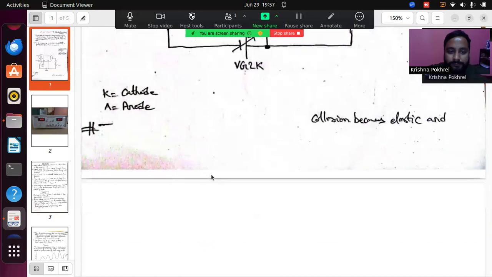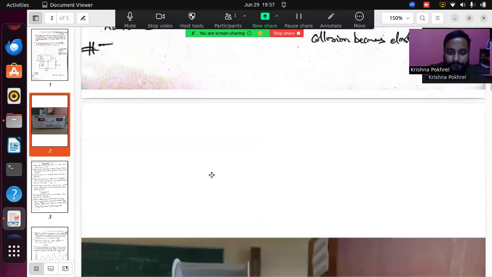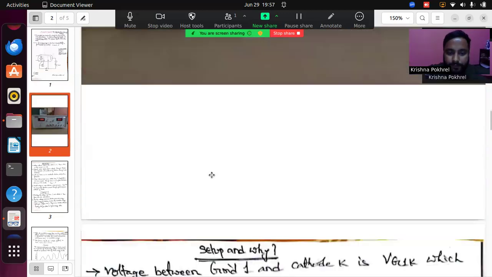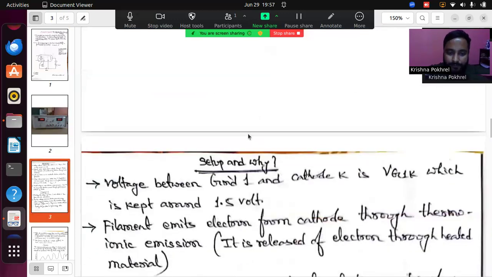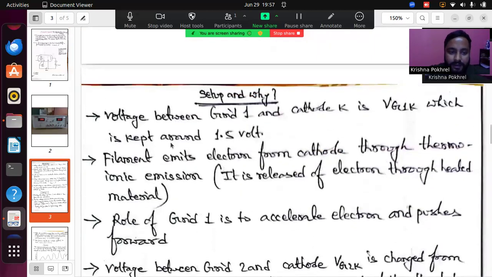Now we will see about the setup and why we did this type of setup. Point-wise I will describe this. The voltage between grid 1 and cathode K is VG1K, which is kept around 1.5 volt.